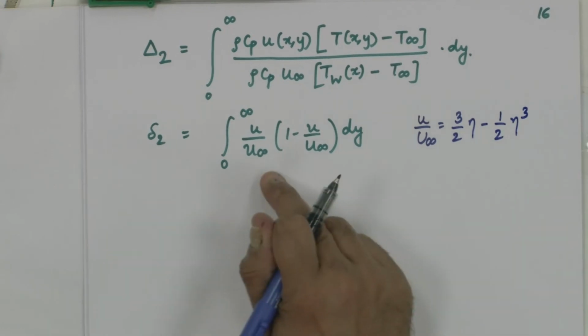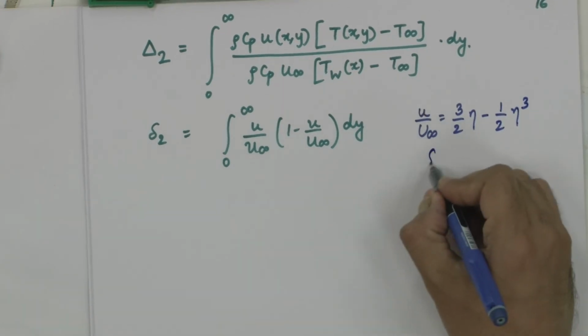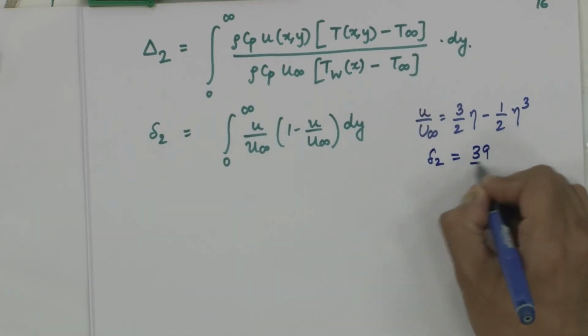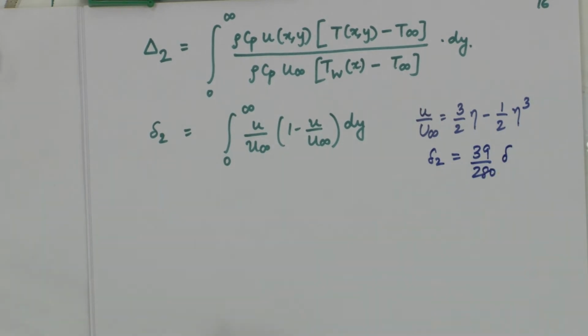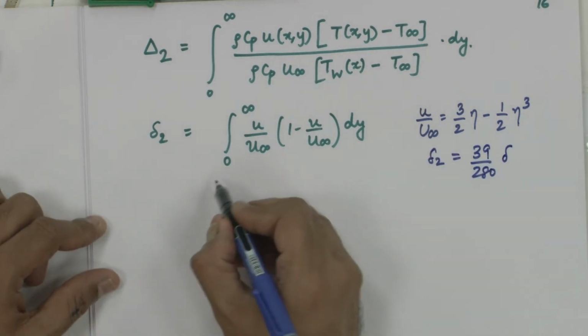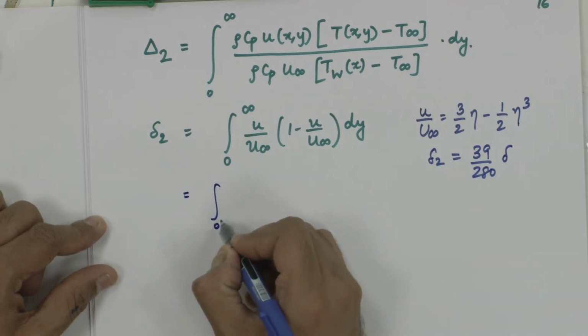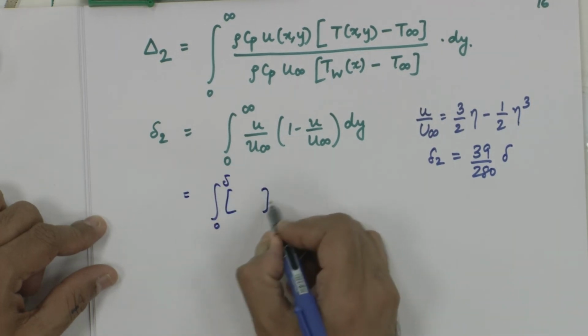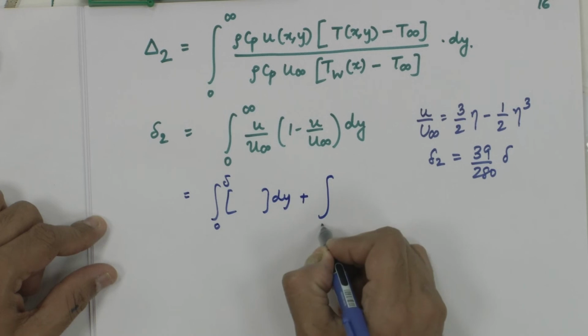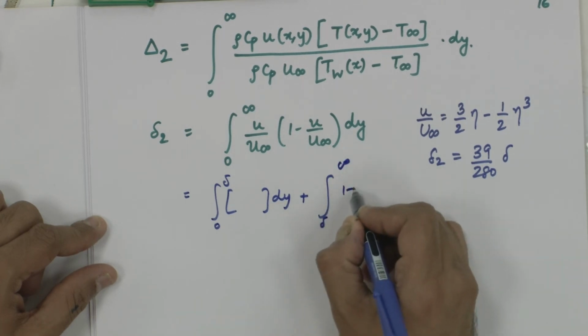We got u by u infinity is 3 by 2 eta minus 1 by 2 eta cubed. Went on, substituted, got an expression for delta 2 is 39 by 280 delta, right? The logic is the same. You split this from 0 to delta and delta to infinity.